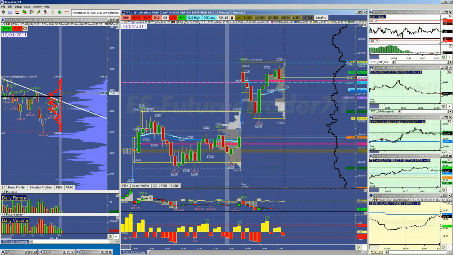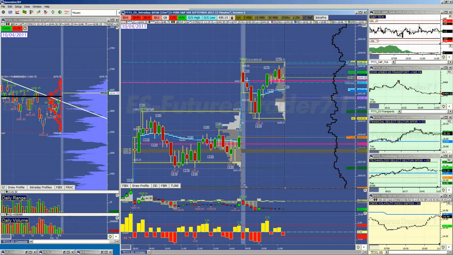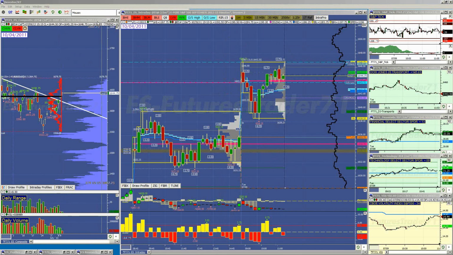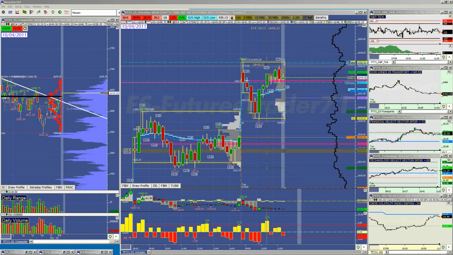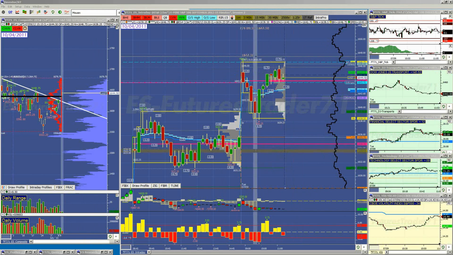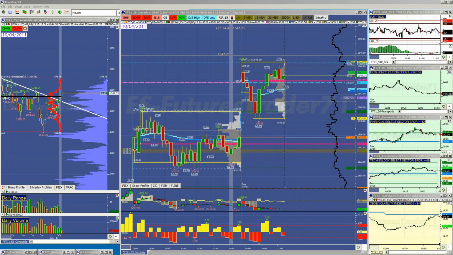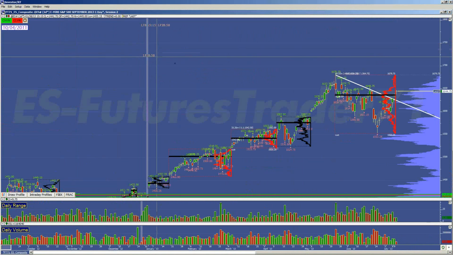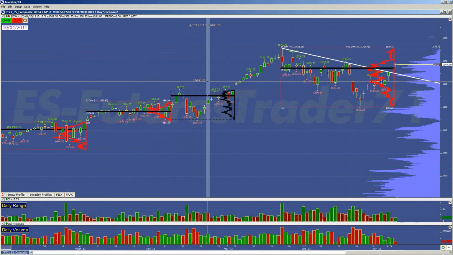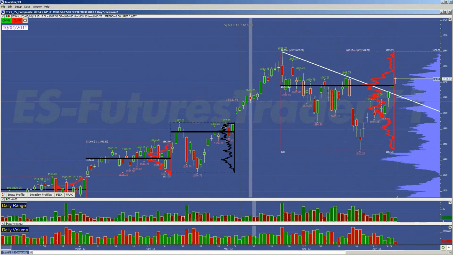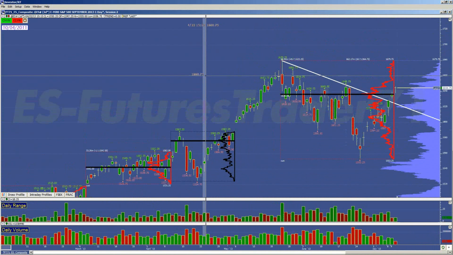With regards to how much importance I give to each, it all depends on what I'm looking for. When do I draw a microcomposite? How far back should my composite go? How many profiles should I draw? It all depends on what I'm looking for. And what I'm looking for all the time, my job as a trader really, is to identify what the context is and what the market's trying to do.